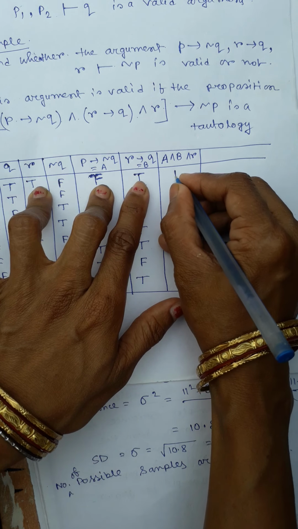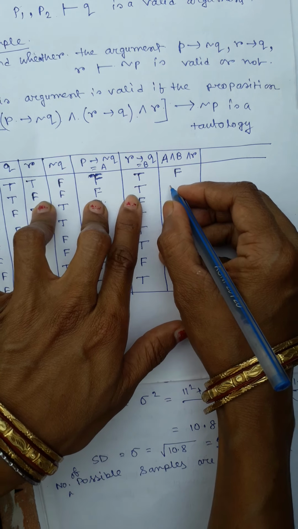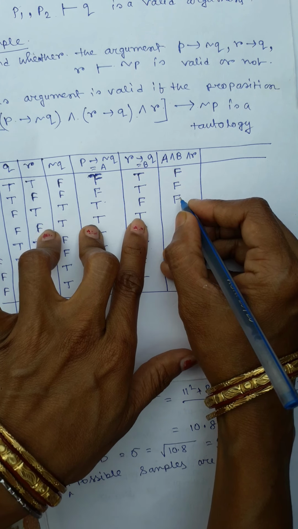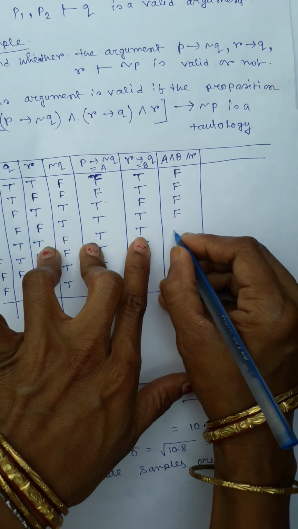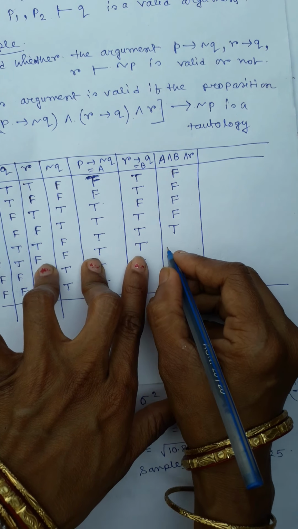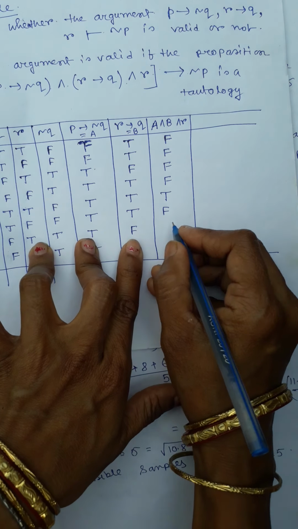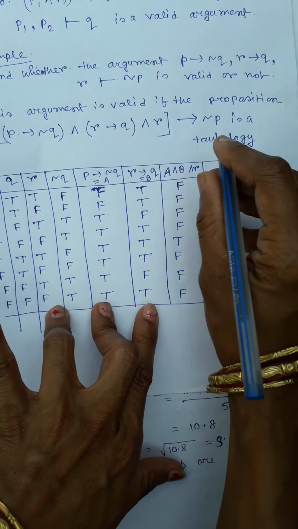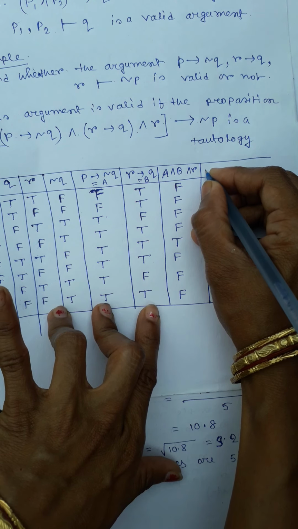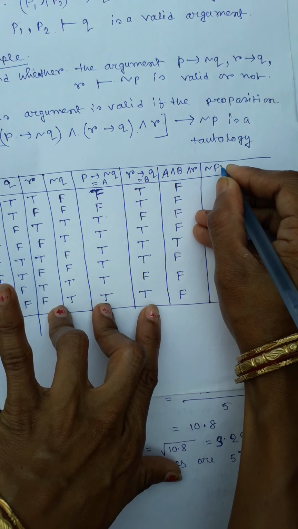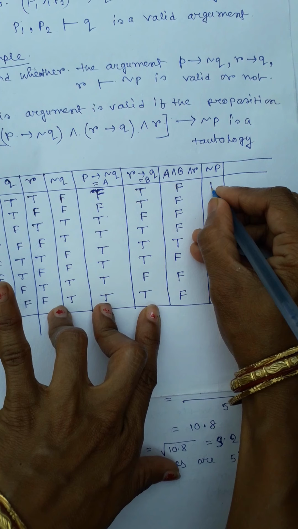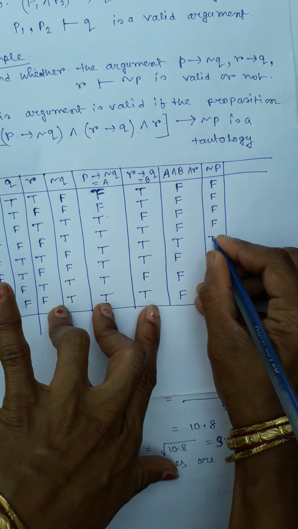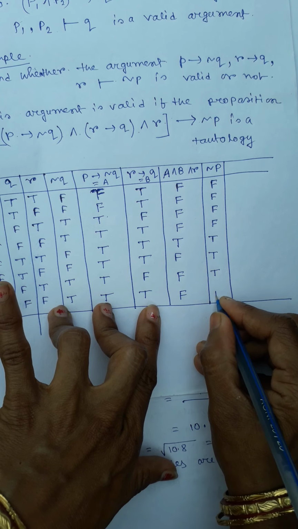All this conjunction, that means this is false. This is also false. This is also false. This is false. This is only true. This is false. This is false. And this is also false. Next, another is negation of P. False, false, false, false, true, true, true, true.